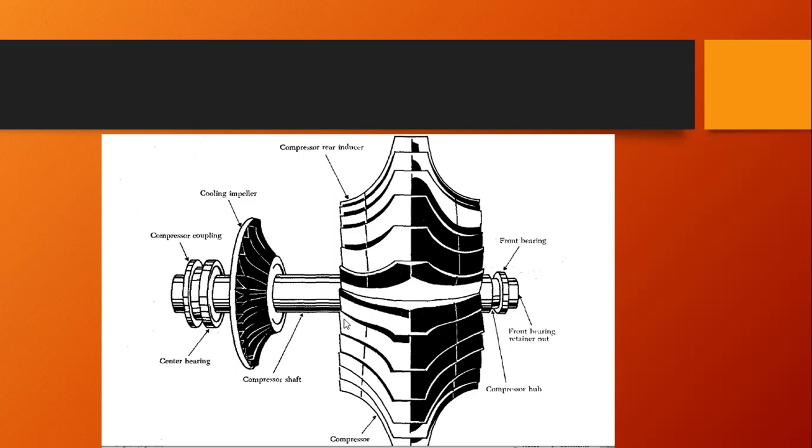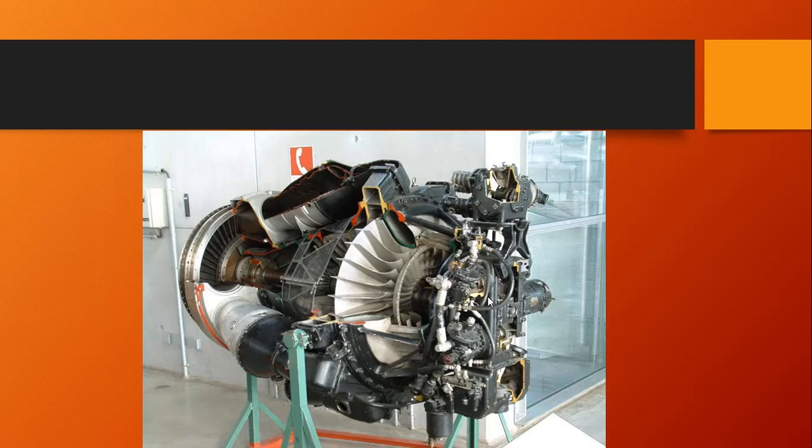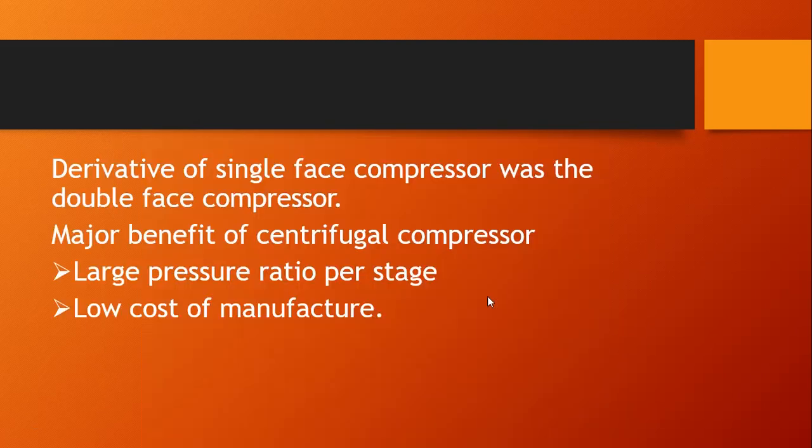In brief, we can now see it very clearly: compressor coupling ring, compressor shaft, impeller, compressor rear inducer, then we got the front bearing retainer nut. This is a centrifugal compressor.